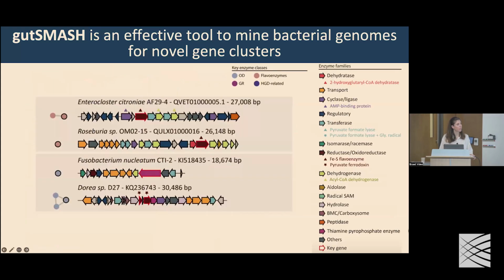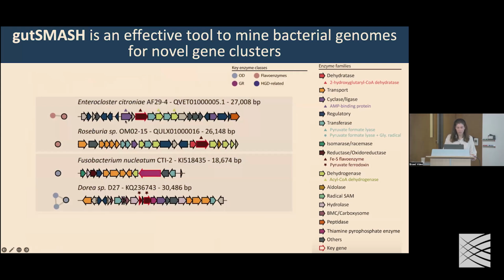And then we also did a more specific analysis on some of these putative gene clusters. In here, I'm highlighting four of them. On the right-hand side, you have the network where the pathway has been extracted from, and for example, this specific one is from Enterocloster citroniae.